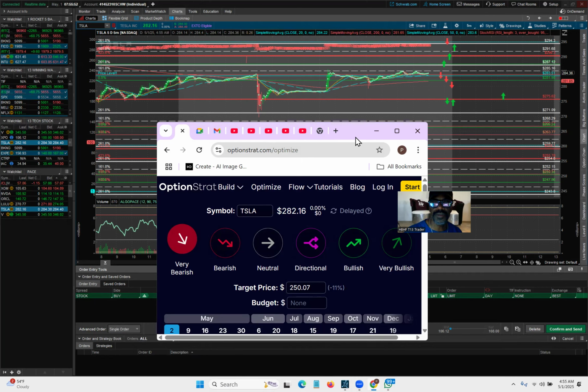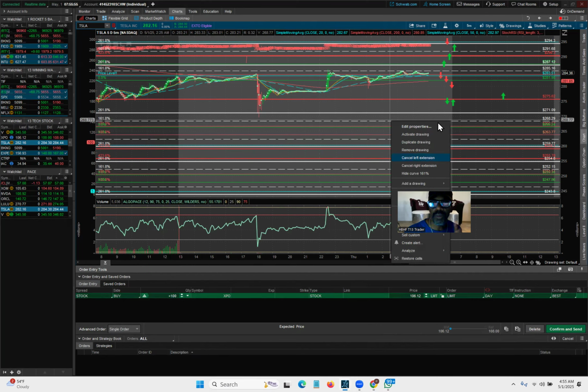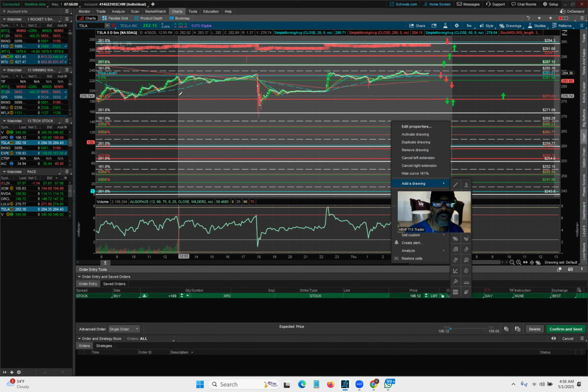Tesla's bearish targets are 266 and 250 if it doesn't hold support. Remember, I'm going to go over it again. What is our support? If it resists these 284, 275 come off, and then it's going to hit the 268 market, 261.